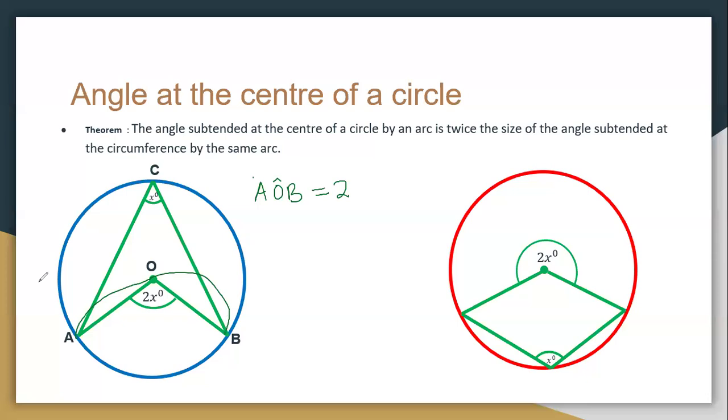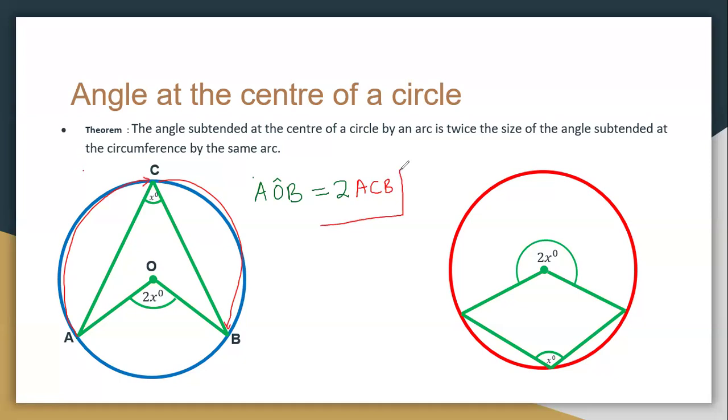At the circumference, I have A to C, then to B. So I will say it is twice angle ACB.